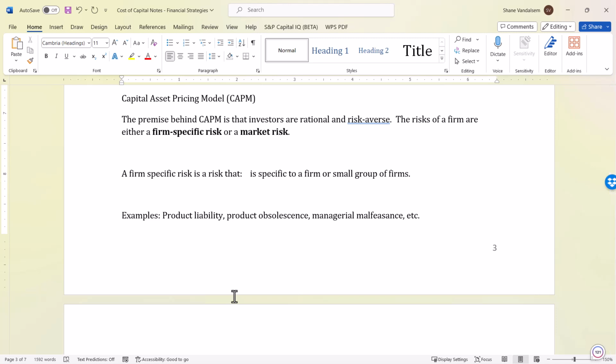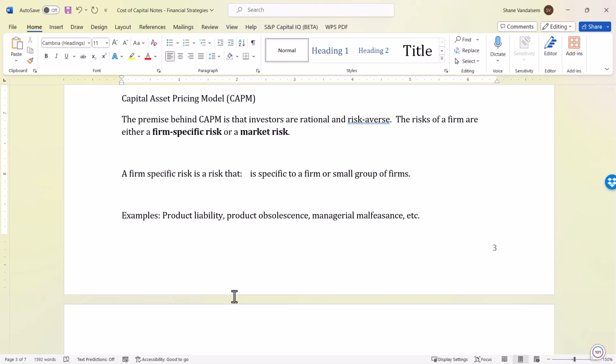So, for example, not too long ago, Alaska Airlines had a plane for which a panel flew off. A portion of the plane actually fell off during flight. This was not attributed to Alaska Airlines, but rather to the manufacturer of the plane, Boeing.